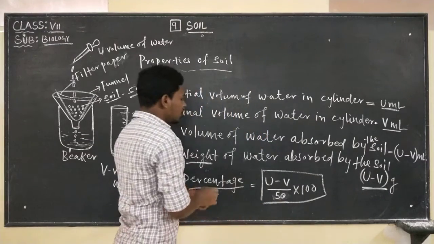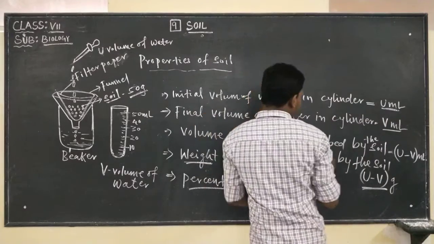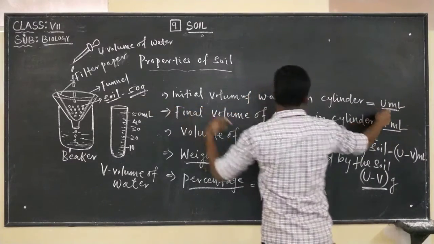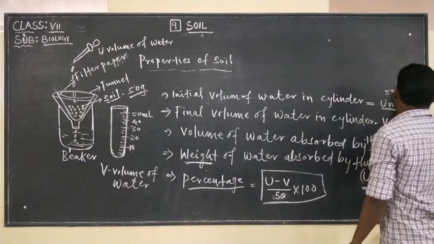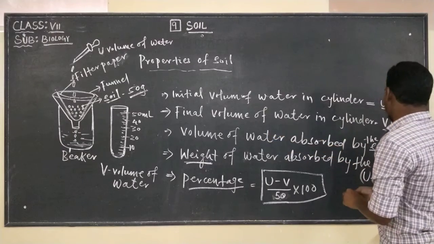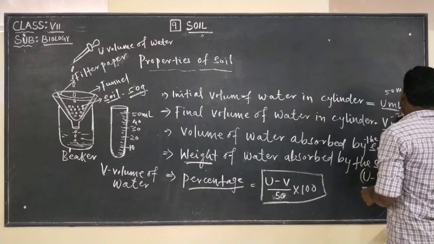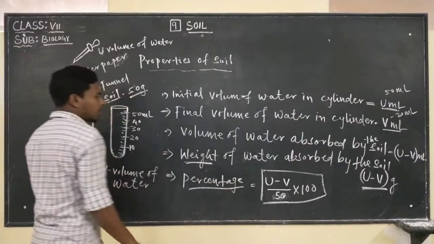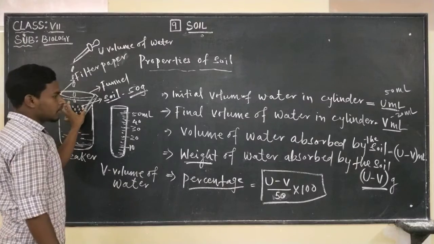For example, the initial volume is U ml; for 50 gram of soil we take 50 ml of water. Next, the final volume of water collected in the beaker is 30 ml, and 20 ml of water is absorbed by the soil.